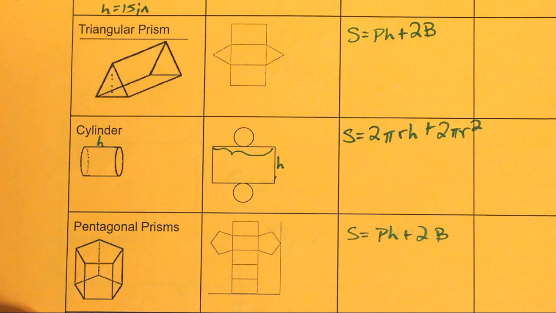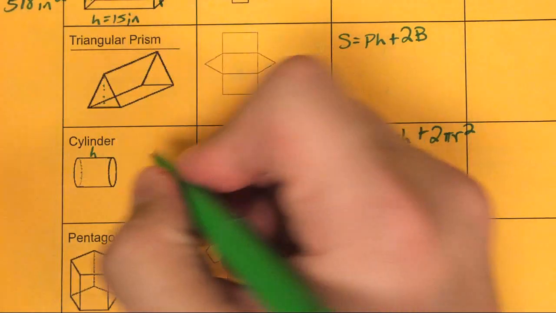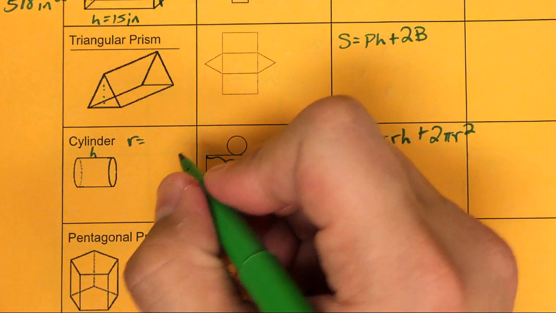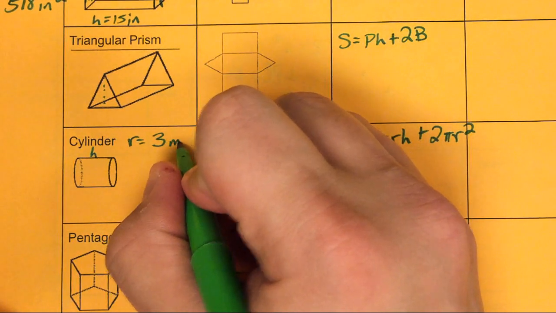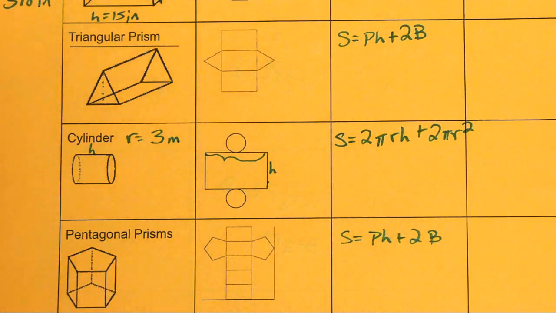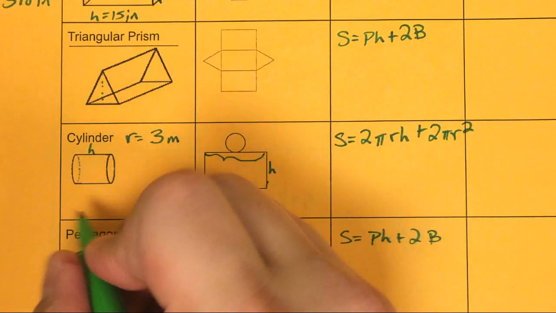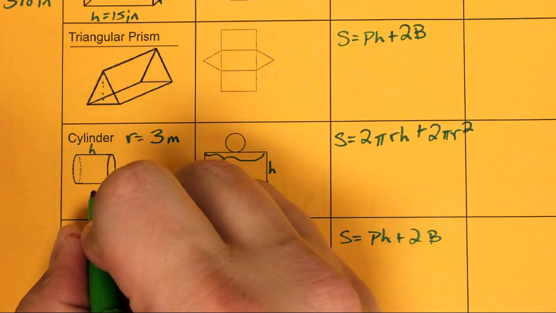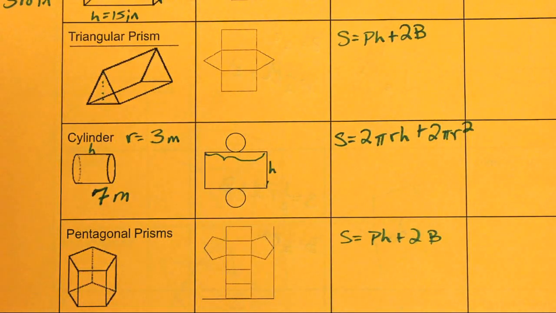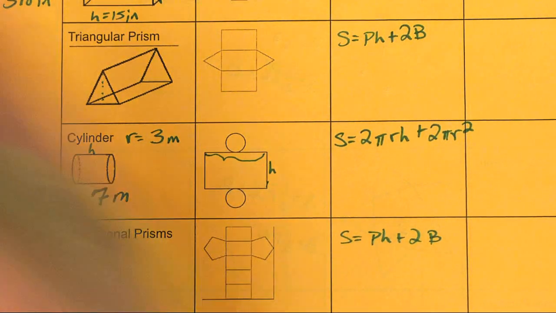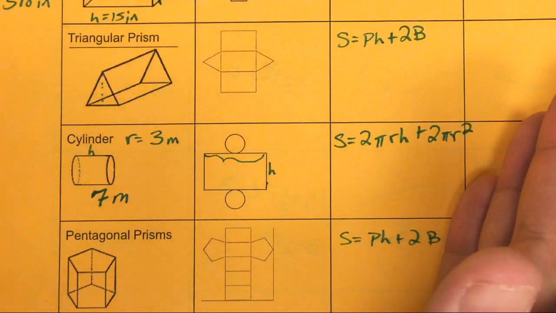Let's make the radius be, let's do an easy number like 3. We'll say 3 meters. And then the height will be something as simple, 7 meters as well. So now we're just going to take this and plug it into our formula.